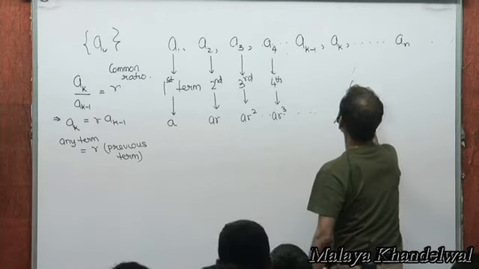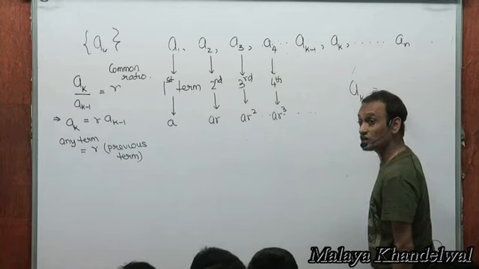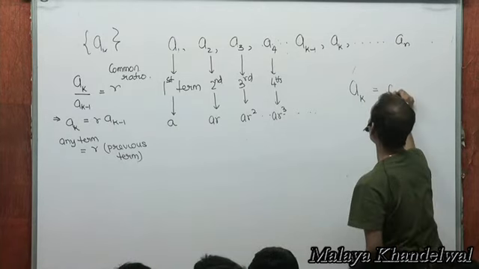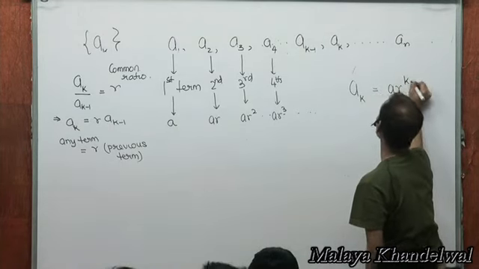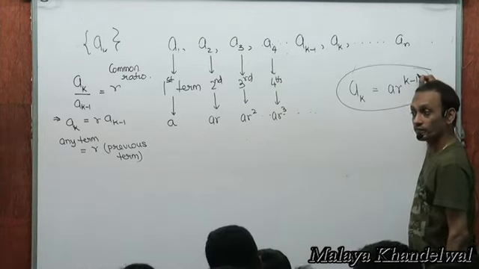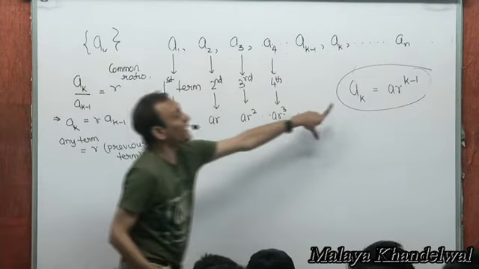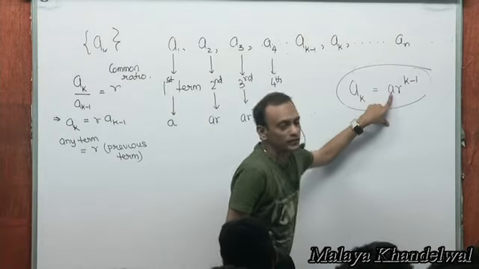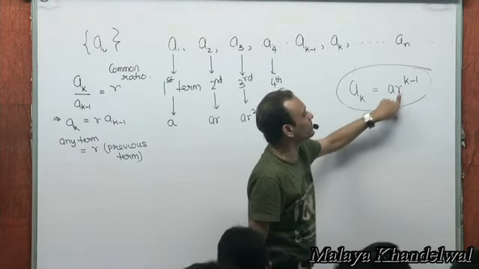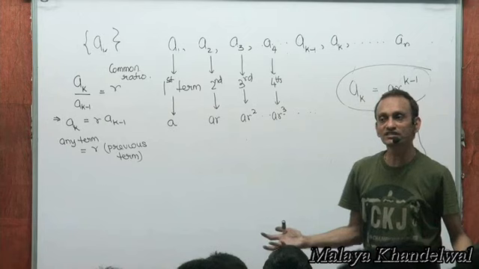So in general, the kth term of the sequence is going to be A into R to power K minus 1. Yes or no? Do you understand that? Do you all understand this? Right? So the kth member of the sequence would be the first member into common ratio to power K minus 1. That will give me the kth term of the sequence.